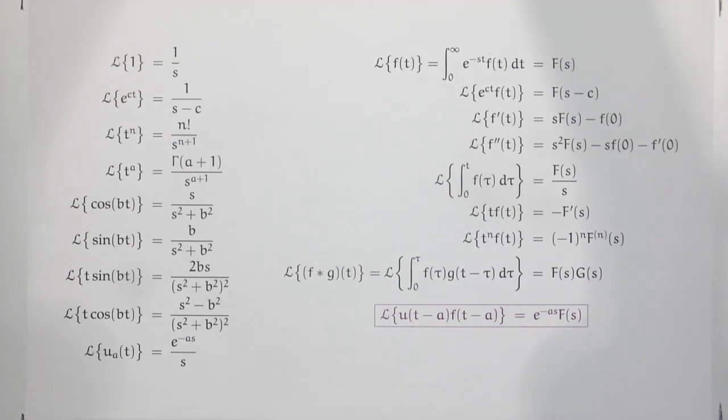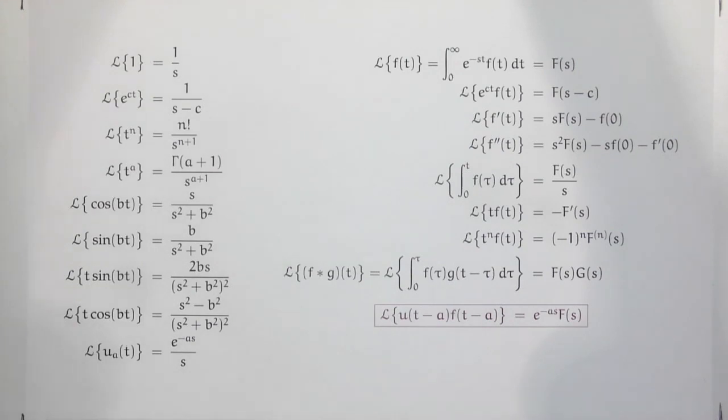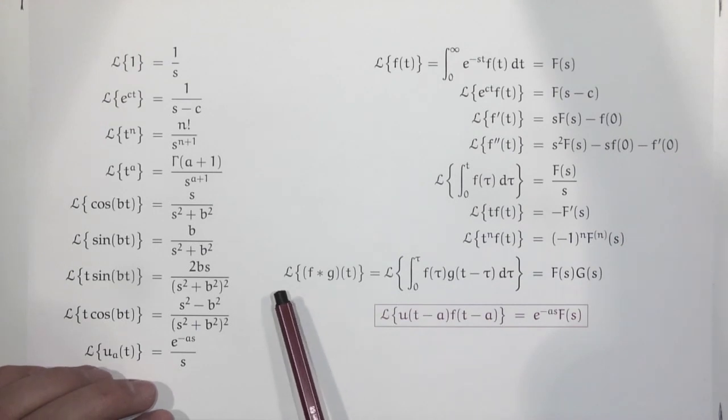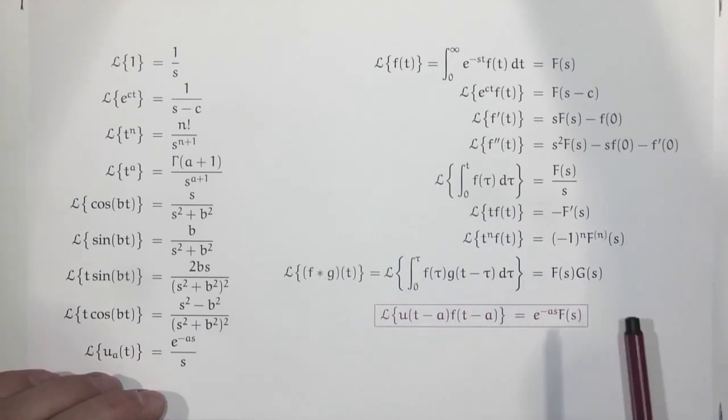Now, oftentimes, we don't explicitly state this out loud, so let's go ahead and just make it clear that even though we only write it in terms of the Laplace of this equals that, each rule actually has a second rule that goes along with it. So for instance, when we talk about convolution, we say the Laplace transform of f star g is F of s G of s.